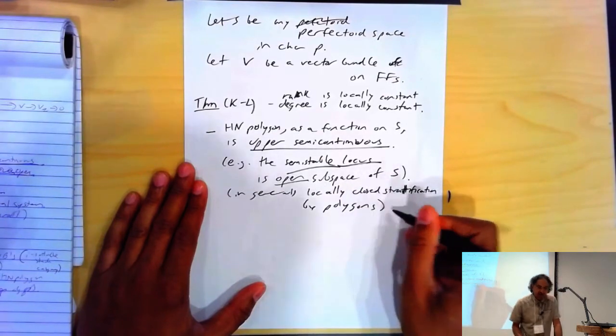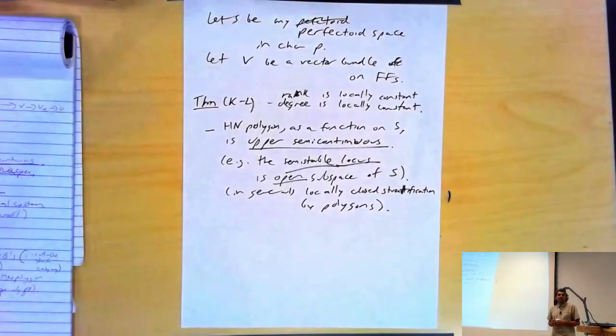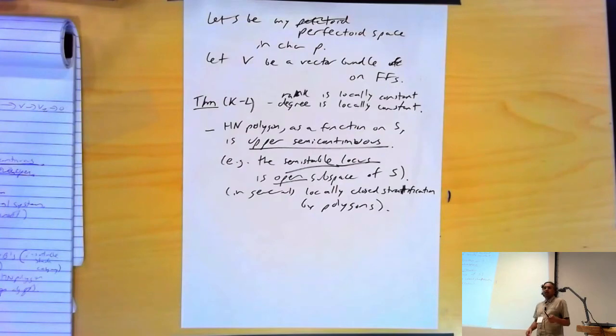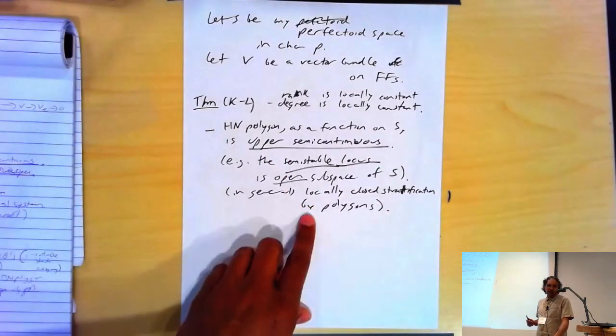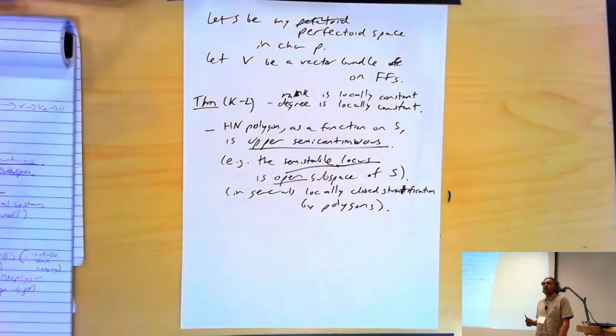Again, this is what happens in geometric invariant theory when you do the analogous thing with vector bundles on, say, a family of curves over some base. So this is the sense in which there is a stratification by polygons on the moduli space of vector bundles.